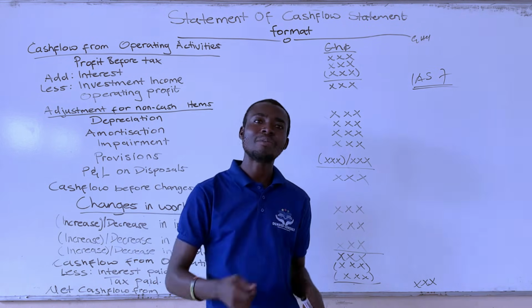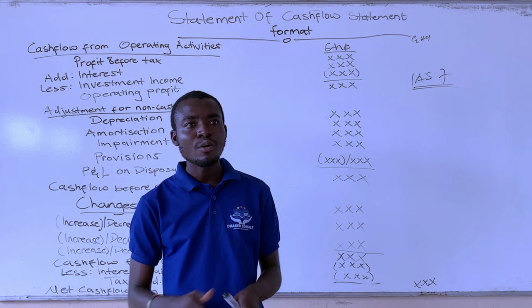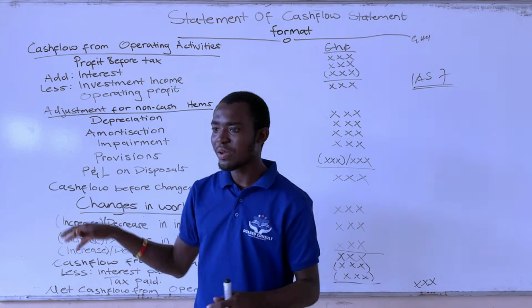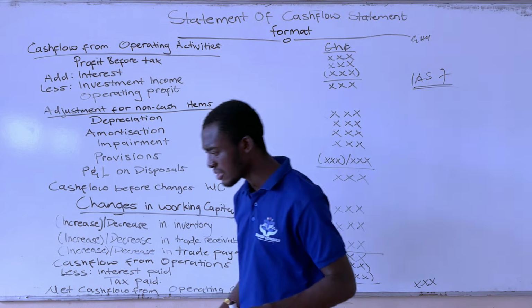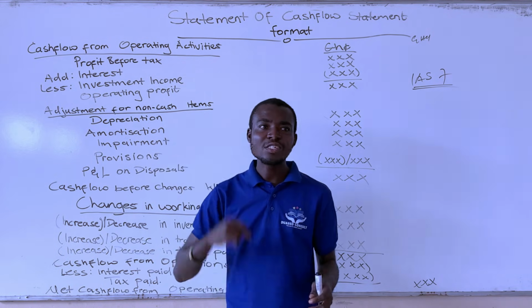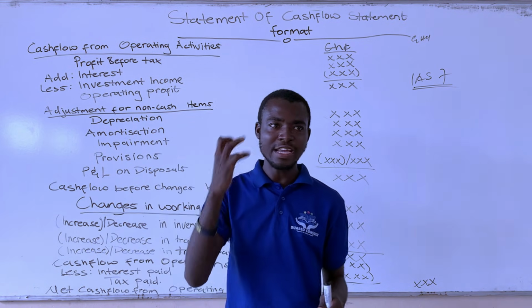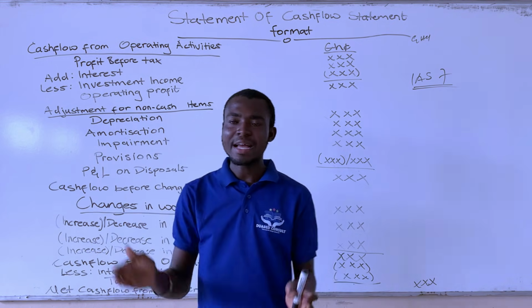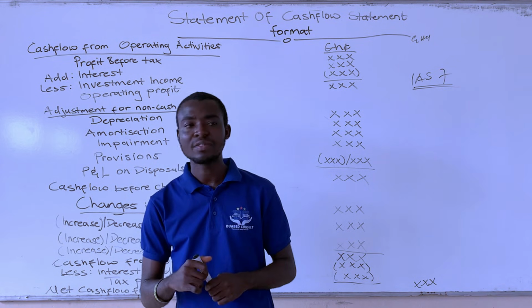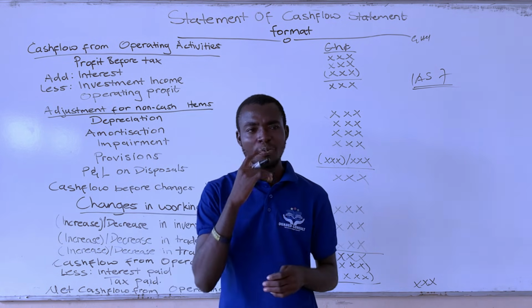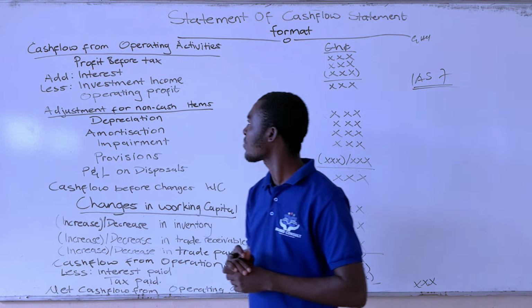Any income that the organization receives from its investments will be recorded under investing activities. And anything that's related to the core or principal activities of the organization will be captured under operating activities. So let's look at the format of the cash flow statement.